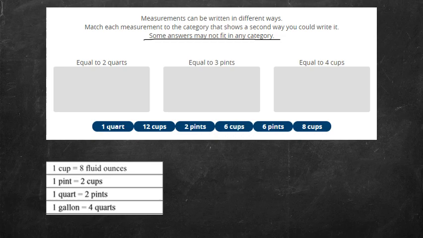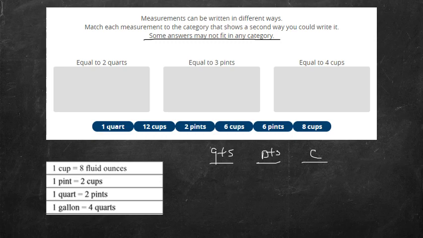And I know one way to show the relationship between my measurements is to make a pattern. Okay. So let's look at a pattern. We're going to draw a little chart of our own, and we're going to label it quarts, pints, and cups. Okay.